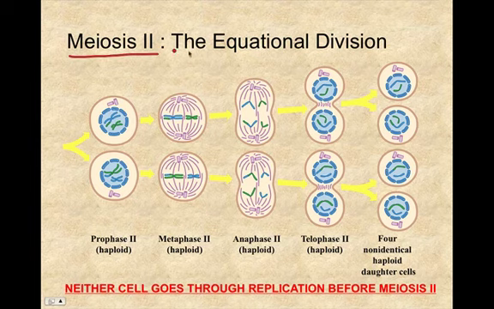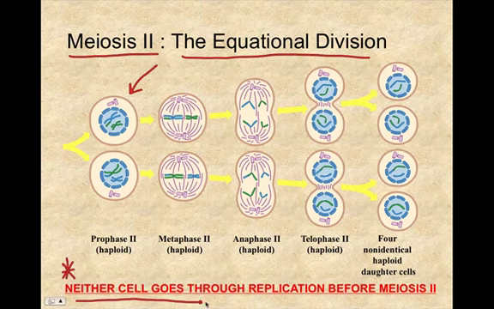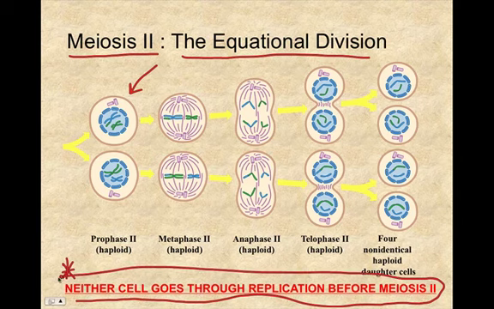So meiosis 2 is the equational division, which means we're taking the 2 new cells from meiosis 1, and we are going to split them one more time. Here's the key right here. Neither cell goes through replication before meiosis 2. Replication only takes place prior to meiosis 1.